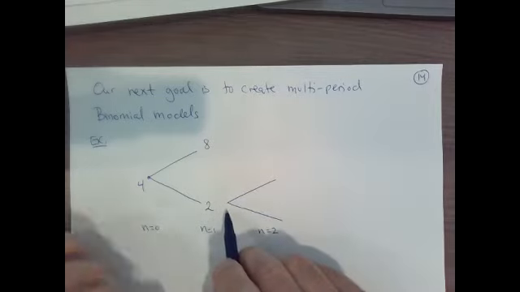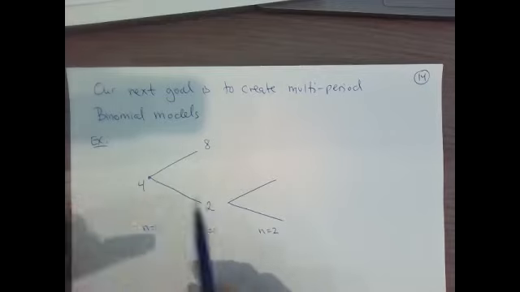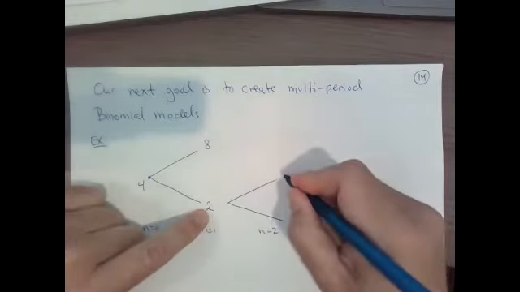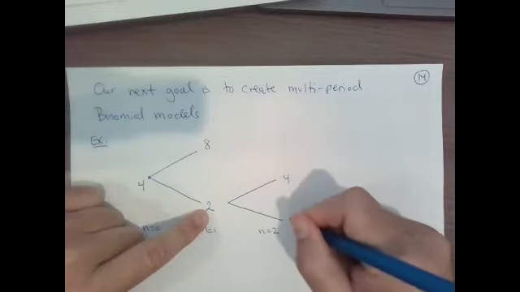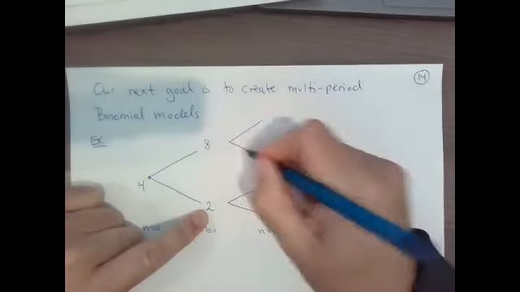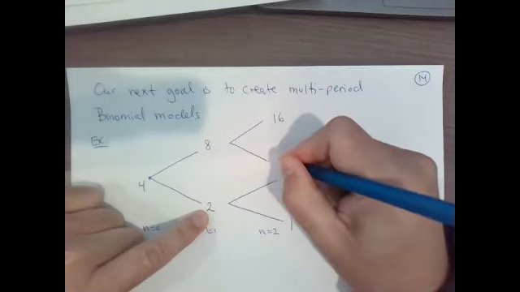So if you continue the tree, then at time 1, if you're down here, you can then go up, say to 4, and you can go back again to, say, 1. And from 8, you can go up to 16, and you can go down to 4.